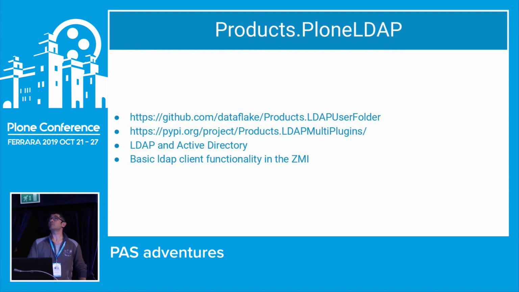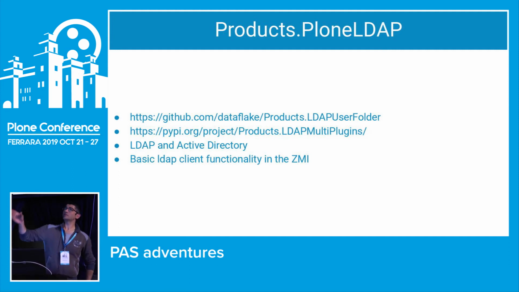It is basically a Plone product that pulls in some other products, already done by Jens Vagelpohl, Products LDAP User Folder and LDAP Multi Plugins. For the first, we have the GitHub repository, and the second one is just available as a PyPI package. And I did not find any GitHub repository for that.